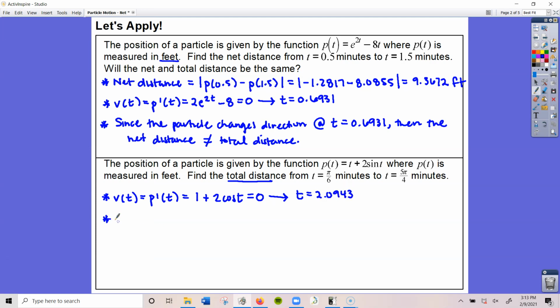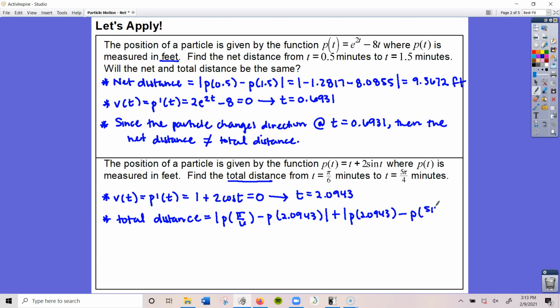So now to find the total distance, that's going to equal p of my starting position, which is pi over 6, minus p of that change in direction, 2.0943. Then I'm going to add the distance p of 2.0943 minus p of my ending position, which is 5 pi over 4.